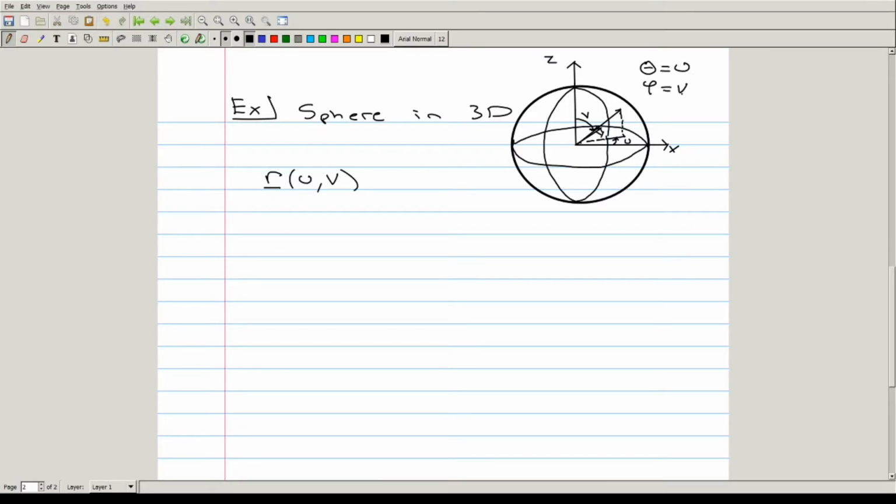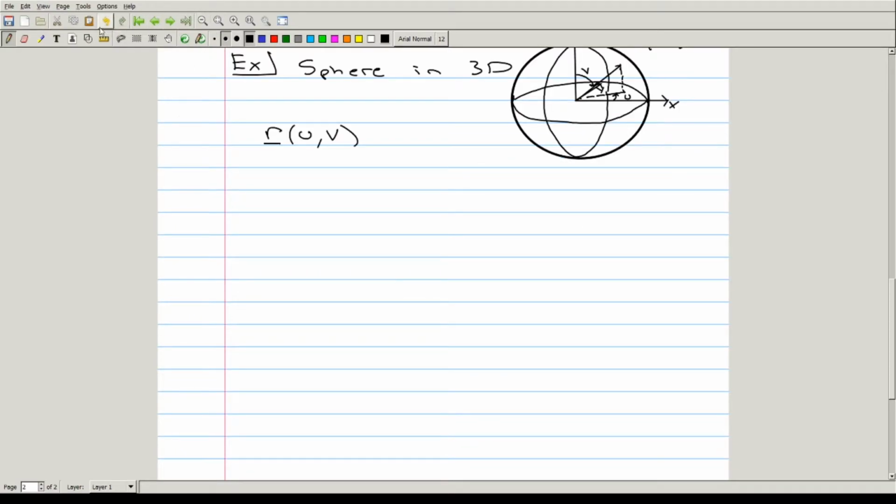So if you go back to your calculus book and look at spherical coordinates, U and V here are just the theta and phi defined for spherical coordinates. I can definitely explain where this is coming from and review the derivation if you want to see it.